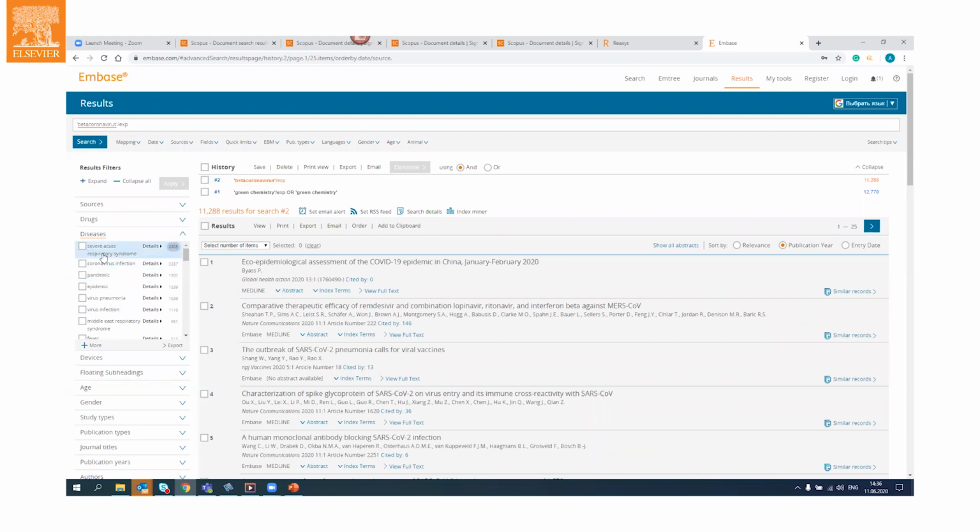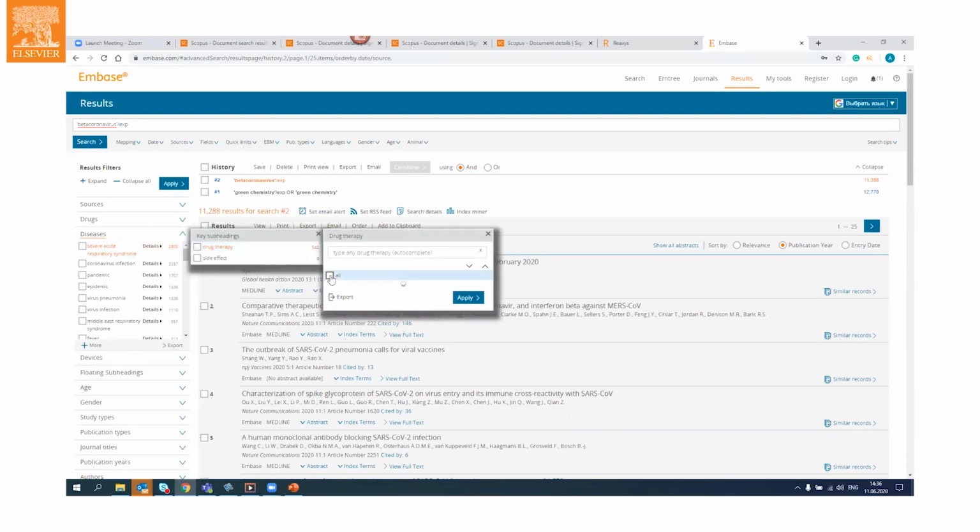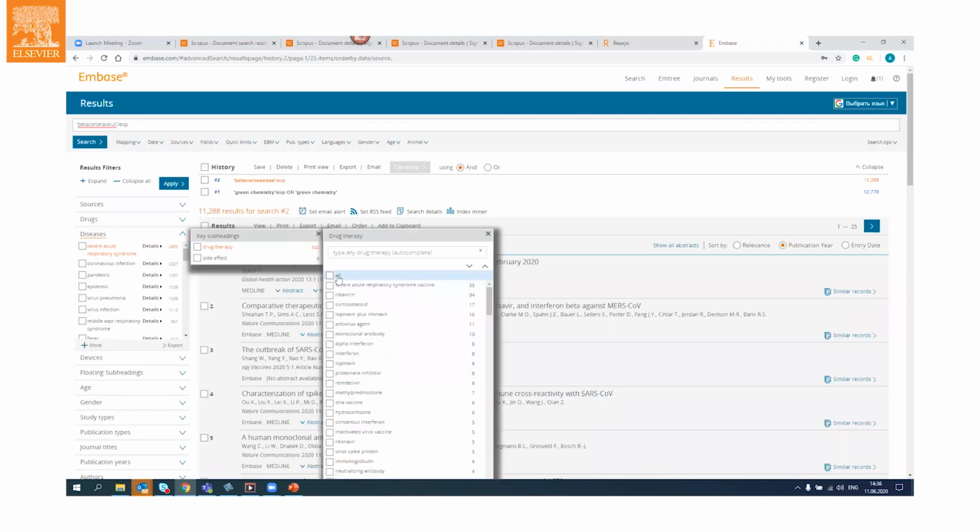For example, acute respiratory syndrome, coronavirus infection, virus pneumonia, Middle East respiratory syndrome. And what is more important? In Embase, we have triple indexing, and with the help of triple indexing, you can immediately, in a couple of clicks, get all the drugs which were used against a particular disease.